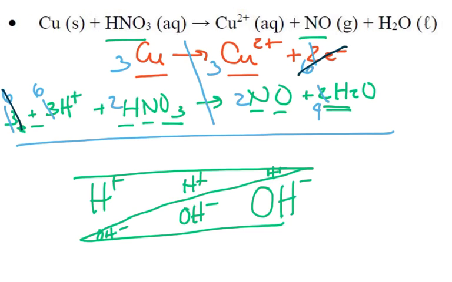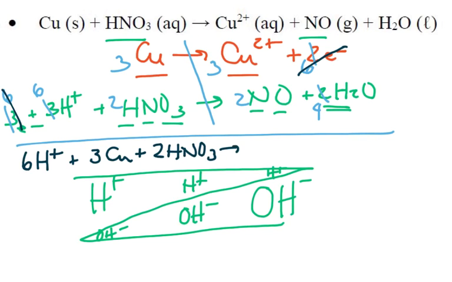So my final reaction is 6 H pluses plus 3 coppers plus 2 HNO3s turns into 3 copper ions and 2 NOs and 4 H2Os. And that's the final balanced equation.